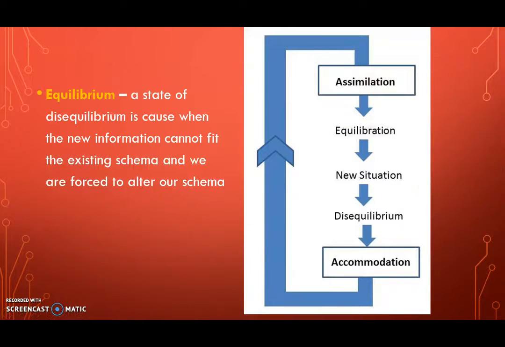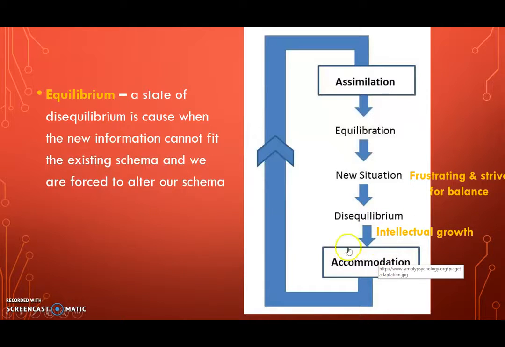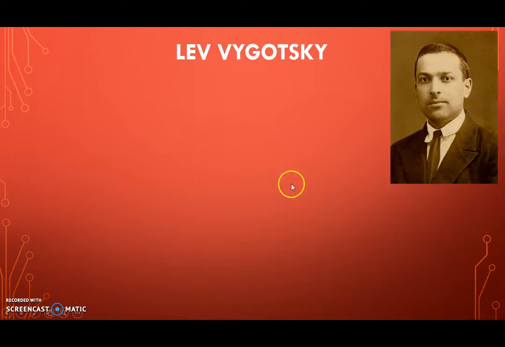Now, when we encounter a new situation, such as the baby breaking the egg, we're frustrated, and we are constantly striving for balance. So we're now in a state of disequilibrium. And we must accommodate, so change our existing schema to fit this new information. And this is how intellectual growth actually occurs. So once we've accommodated this new information, we now have a schema and we can assimilate things into it again.